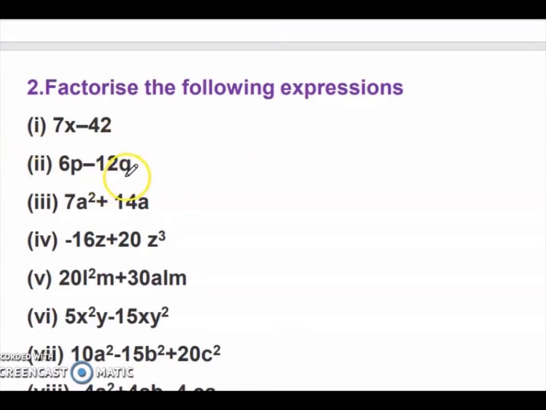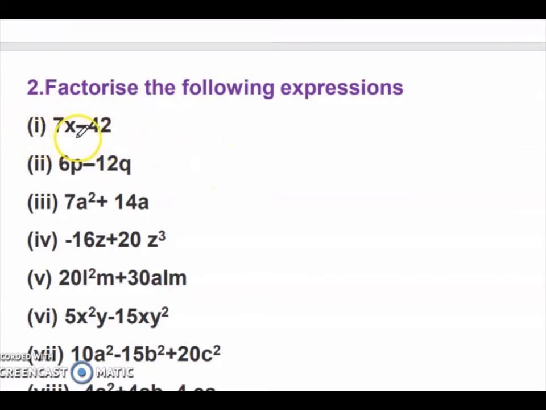Now between those terms, if there is any common factor, then identify that common factor and take it outside the bracket. And rest of the things will be written inside the bracket. So it can be written as a product of two terms or more than two terms.